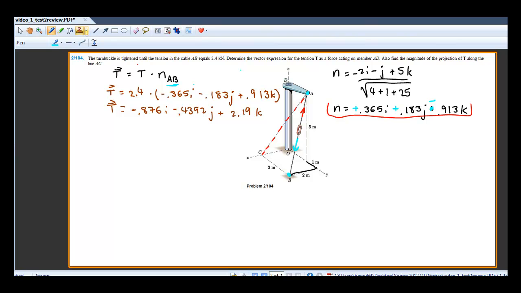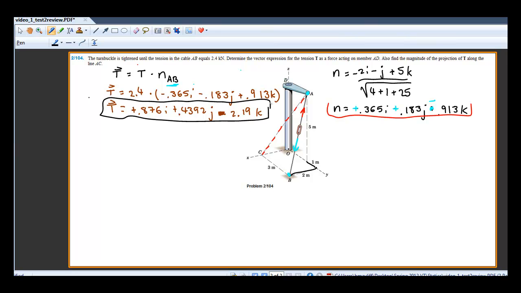So it's going to make this a positive, positive, and that's a negative. Okay, so that's what we get, and that's the tension. Does that make sense why it should be like that? Because it's going from A to B and not from B to A.